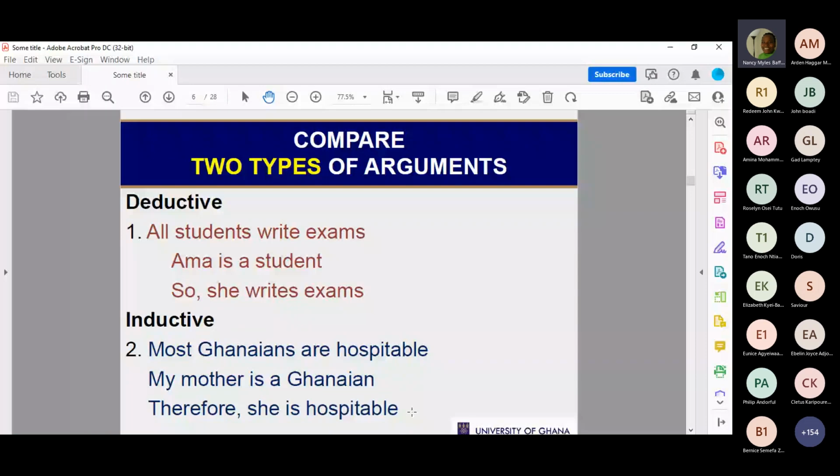The reason is just like our pattern on the screen. When we said women like rich men, the next thing we said was, my sister is a woman. It means we affirmed what? The antecedent. Just like this one said, Amma is a student. It's a pattern. So follow.